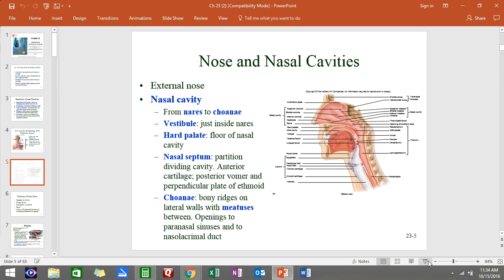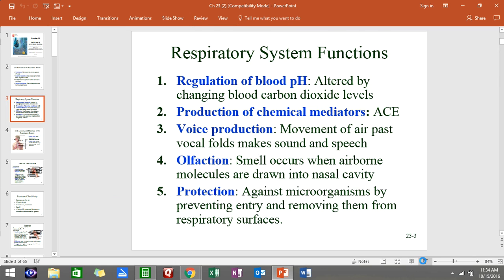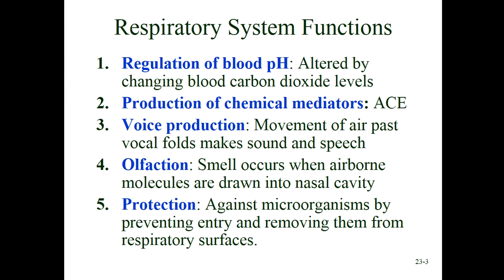Okay, going back to our PowerPoint, let's look at a couple of other terms. These are the important functions of the respiratory system. Regulation of blood pH. I'm going to help you understand this in just a few minutes, but the higher the levels of carbon dioxide in your blood, the lower the pH, because carbon dioxide becomes carbonic acid once it encounters water.